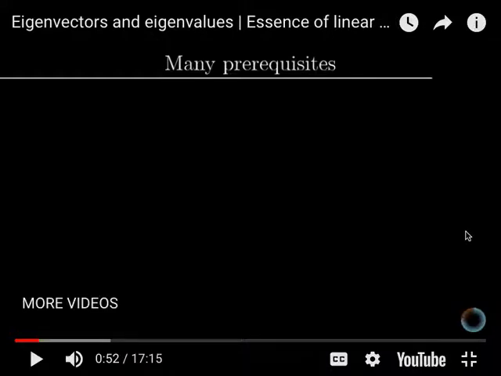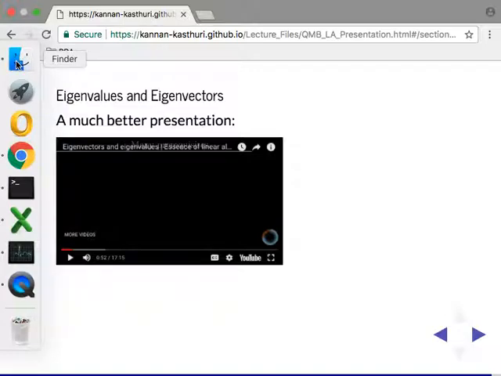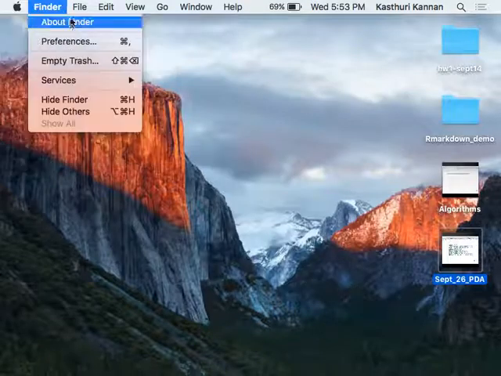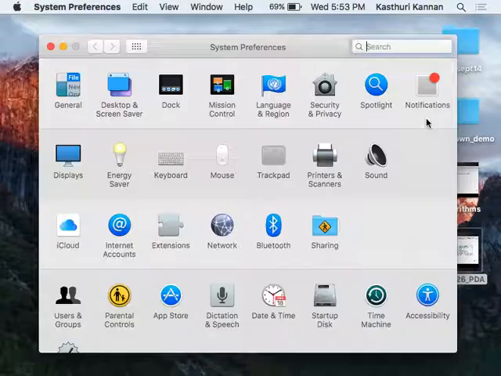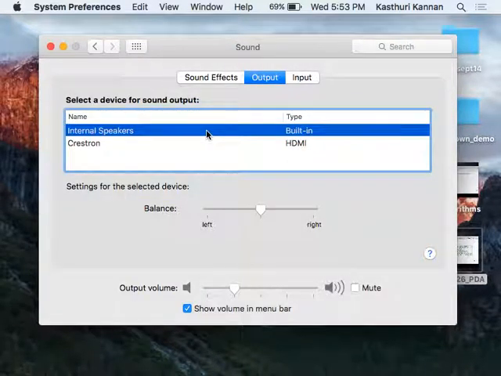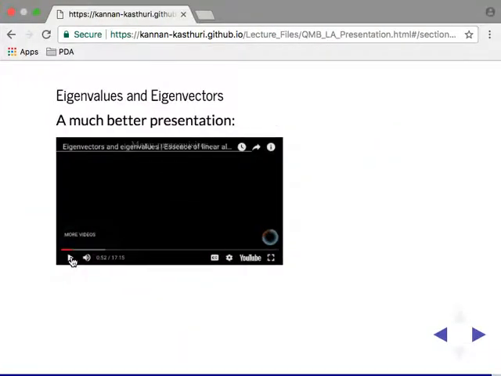Otherwise, you can change it to use your laptop speakers. Go back to the output setting and change it to the internal. Okay, let me try that. It should now speak from this.